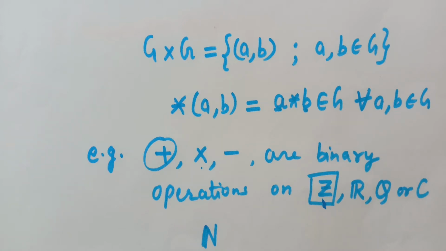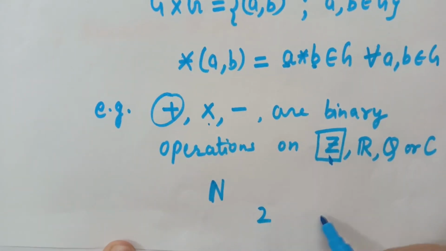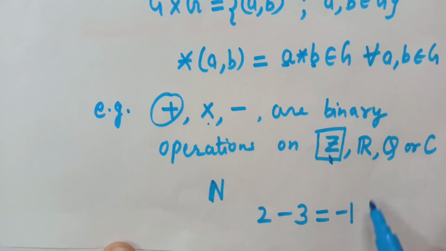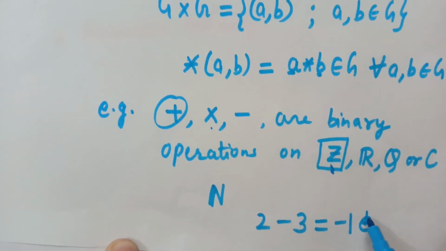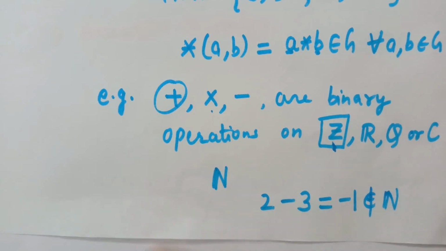If we subtract two natural numbers, it is not necessary that the resulting number will be a natural number. For example, if I take 2 and 3 and subtract them, then 2 minus 3 equals minus 1, and clearly this is not a natural number. So therefore, subtraction is not a binary operation on the set of natural numbers.